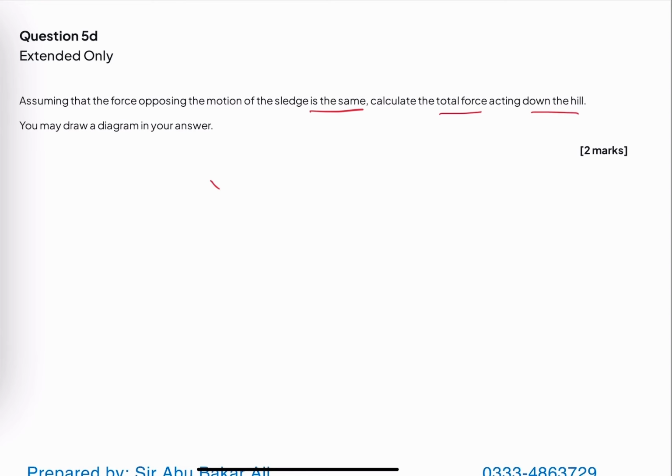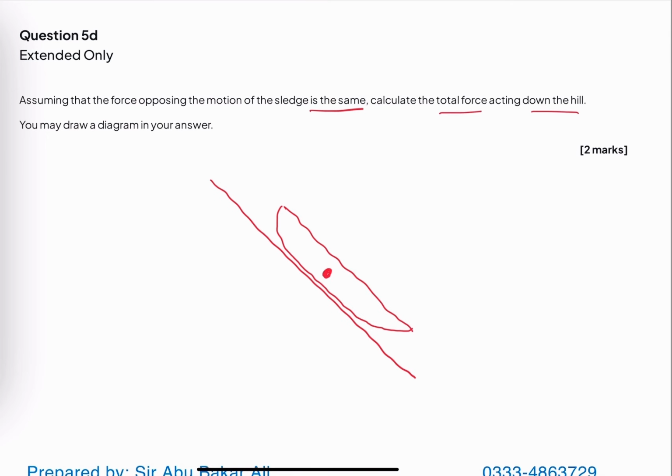Let's suppose this is an inclined plane and there is a sledge placed on it. Let's suppose this is the point where the force is acting and the sledge is moving. Motion is downwards. This is the direction of motion, and the resultant force is also in this direction.